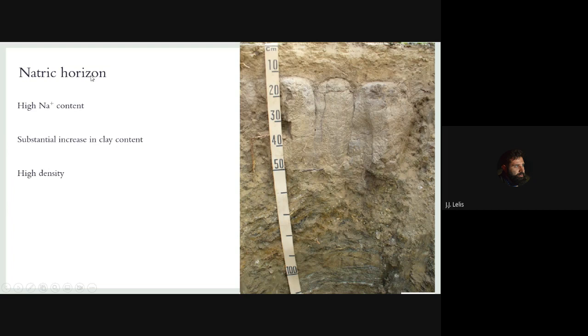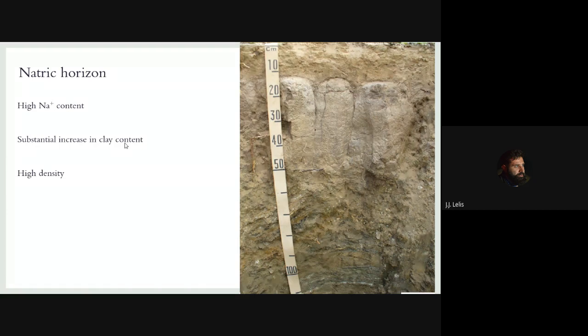Okay, so the natric horizon possesses a substantial increase in clay content, but the mechanism of clay migration is different from the argic horizon. In the argic horizon, it is just a variation of volume that destroys the aggregates, and then the clay could migrate from the surface to the subsurface horizon. But here in the natric horizon, we have a chemical influence of sodium.